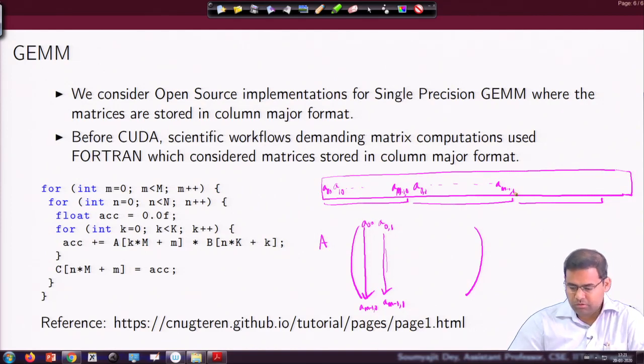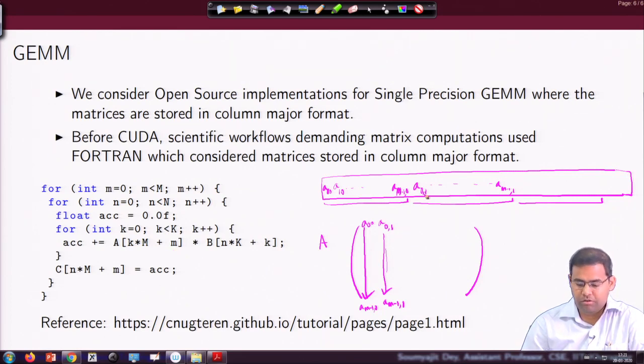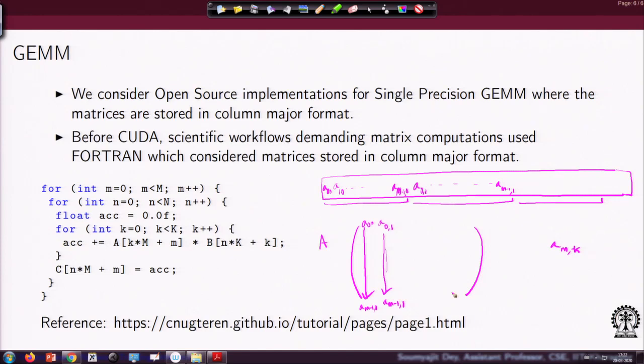Now, when you are really trying to access the data, you are going for some mkth element. So, what would be the location for the mkth element? That is the problem. For getting to the mkth element here, what do I really need to do?